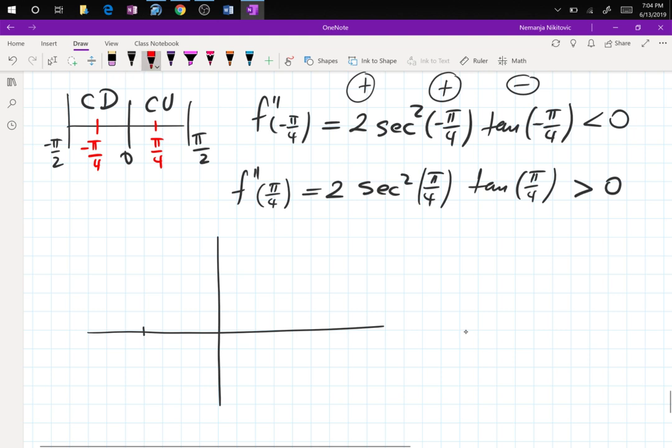So let's set negative pi over 2 and positive pi over 2.